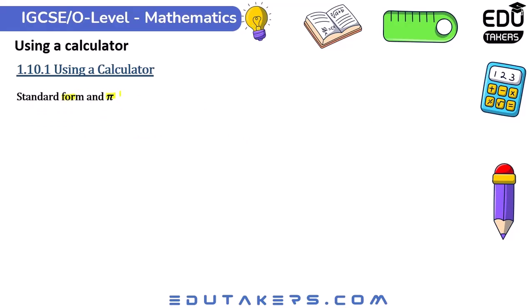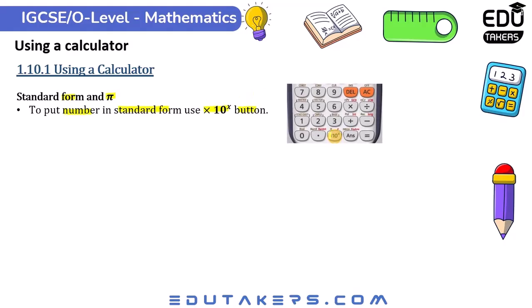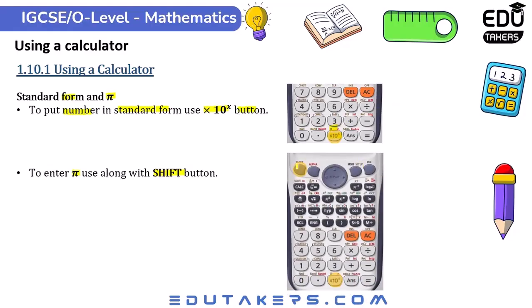Standard form and pi. To put a number in standard form, use this button, which is here. And to enter pi, use shift along with this button, because pi is above this button. So use it with the shift key.